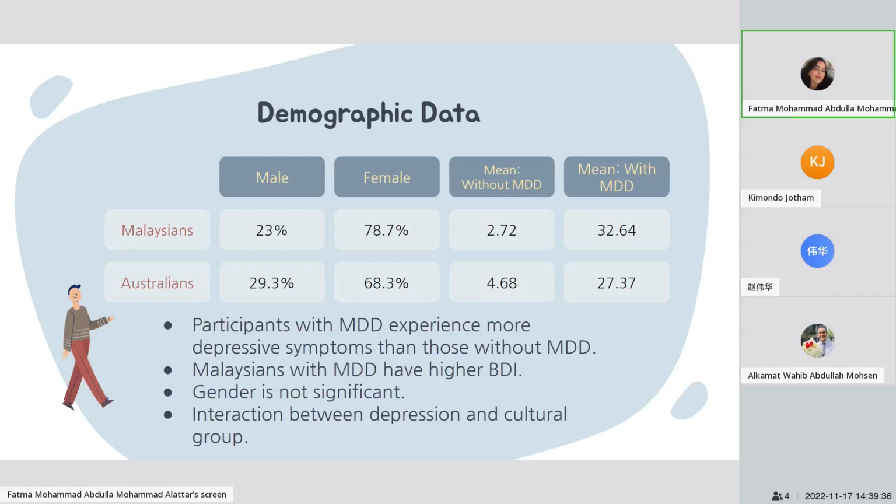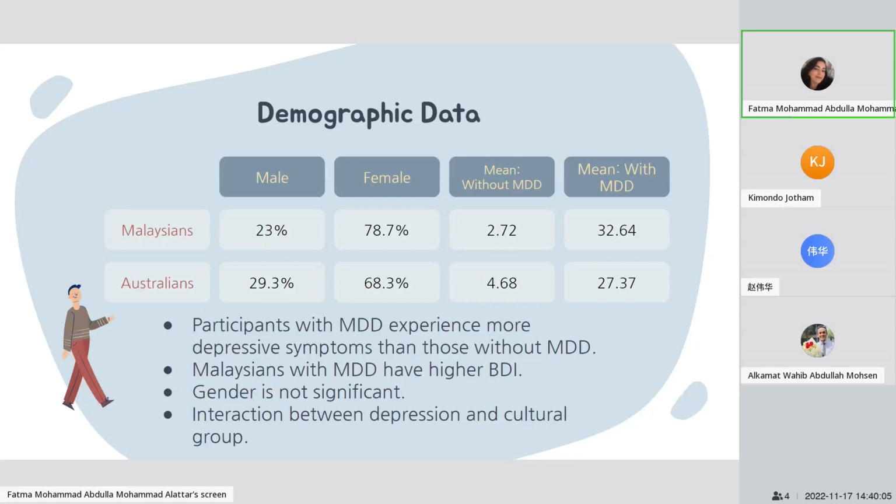And on the other hand, the mean of BDI scores of Australians without MDD was 4.68, and the mean of those with MDD was 27.37. The data showed that Malaysian participants with MDD experienced more depressive symptoms than those without MDD, as expected. Similarly for the Australian participants.